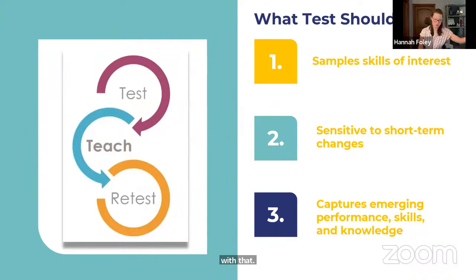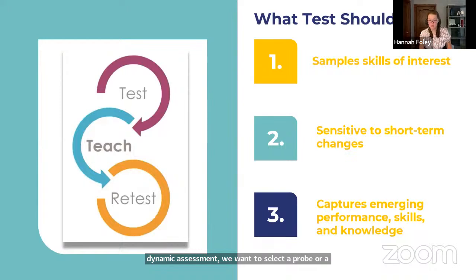In terms of selecting a specific test to use with dynamic assessment, we want to select a probe or measure that really samples the communication, language, cognitive, and symbolic representation skills of interest. We want it to be something that is sensitive to short-term changes. So, symbols of varying iconicities of a certain referent, for example, might be a better way of probing a client's symbolic representation skills than a broad activity.